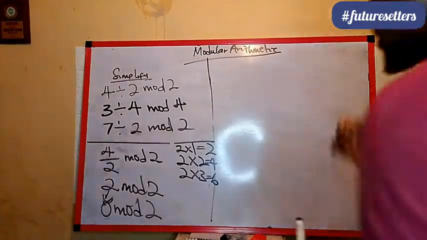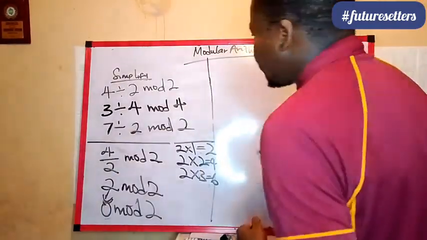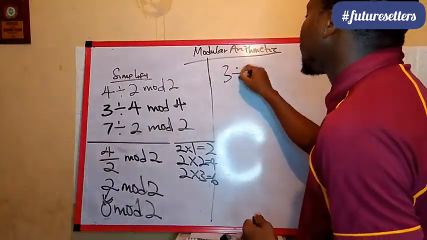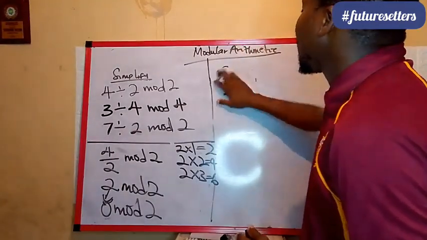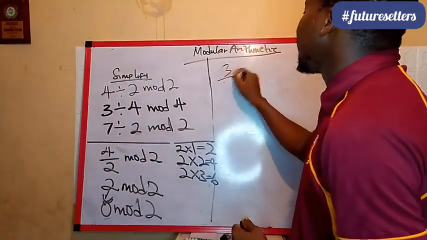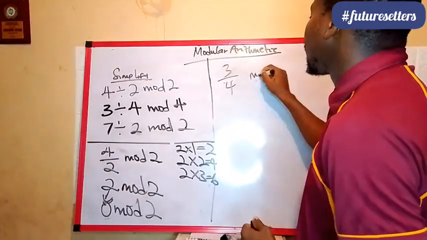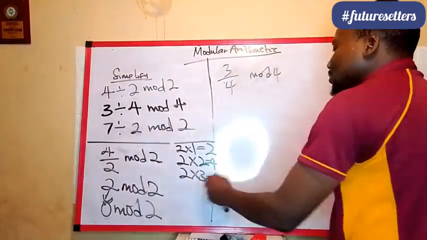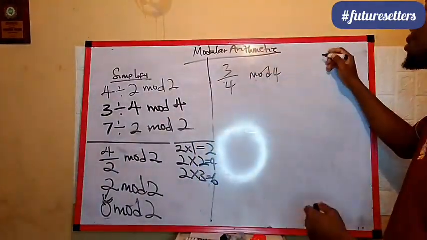Then in question 2, we have 3 divided by 4. We can write this as 3 over 4 mod 4. Now we cannot use the previous method because 3 over 4 will not just go like that.